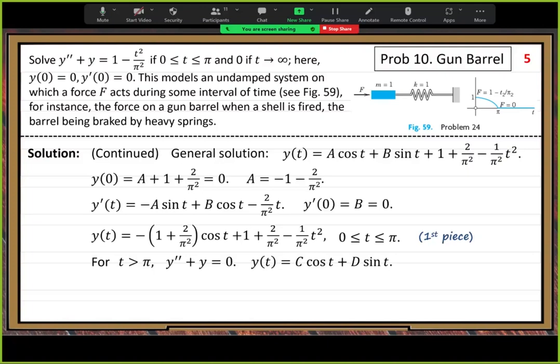So we need to get information from the original problem. Because to determine these coefficients, we need to use initial conditions, right? Usually we apply initial conditions to get those undetermined coefficients. How do we get initial conditions for this second piece solution?